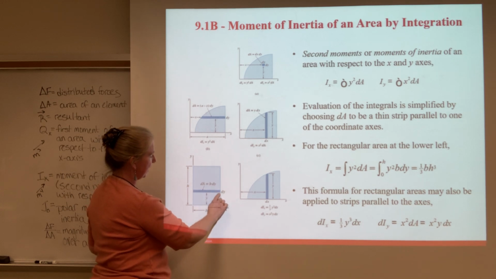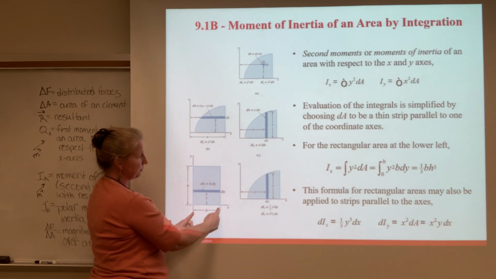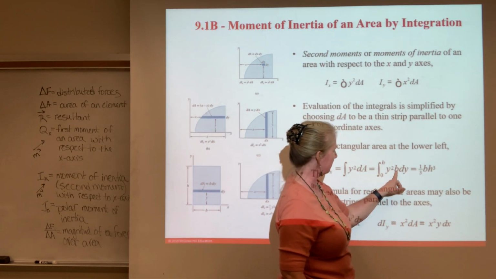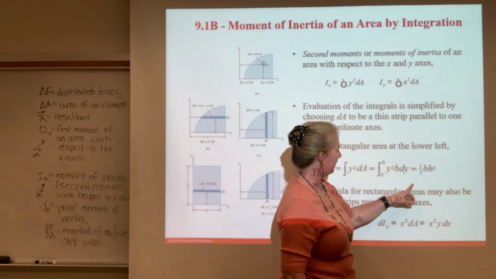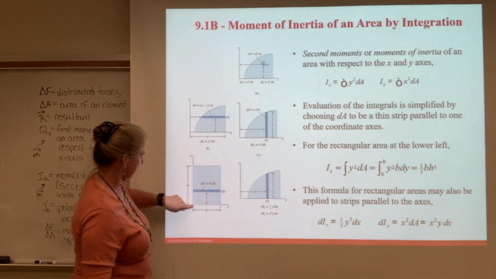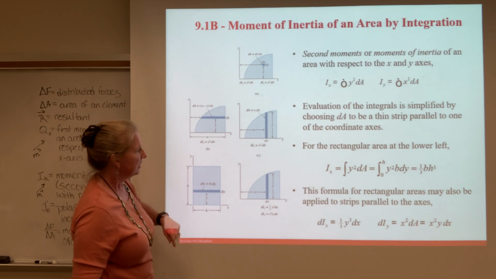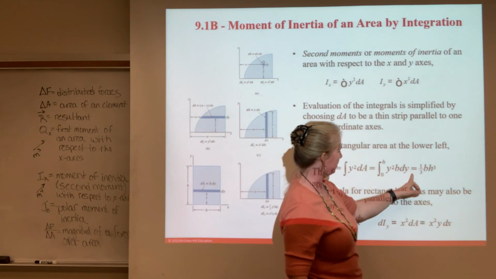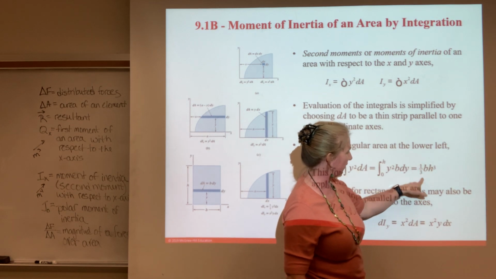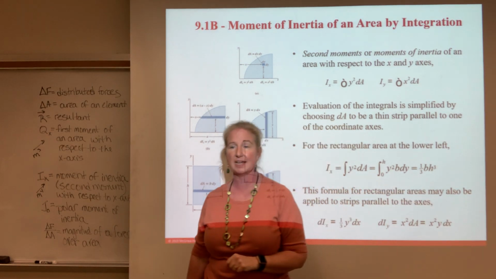Well, it's dy times b, because b is that width. So I have y squared times b, and I integrate from 0 to h. When I do this integration, evaluated at its limits, I find that it's 1/3 the base times the height cubed.